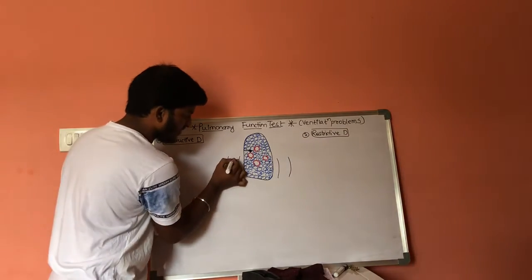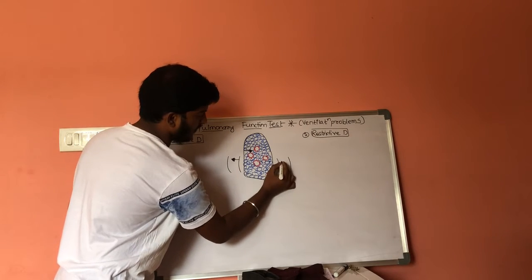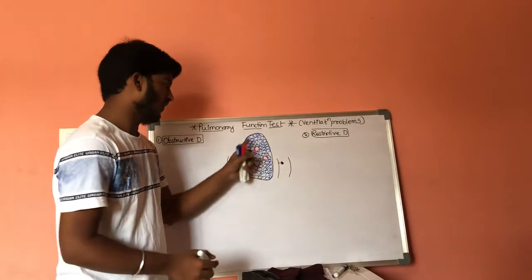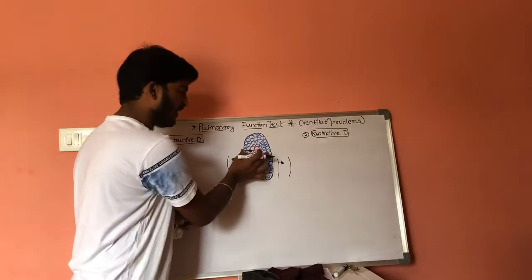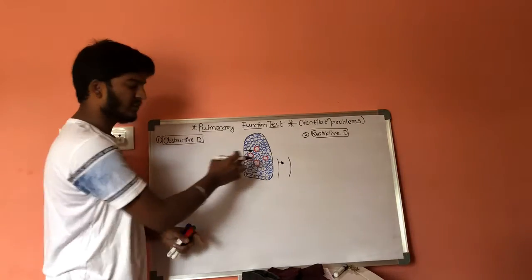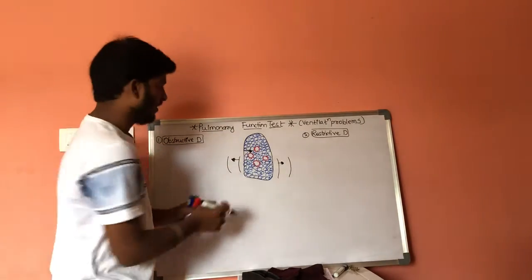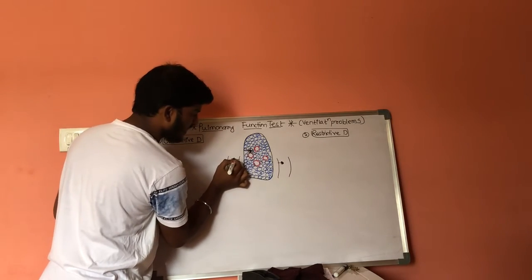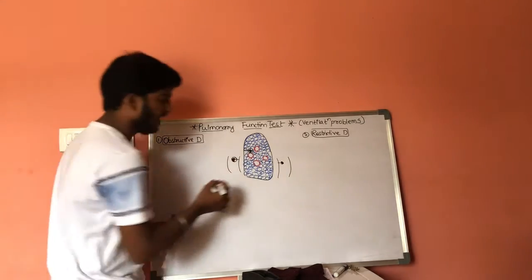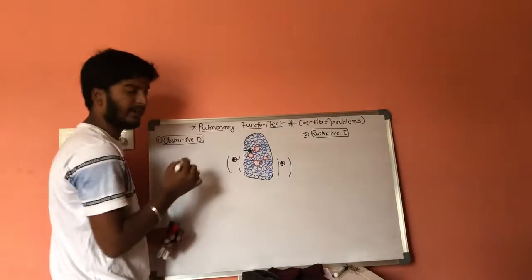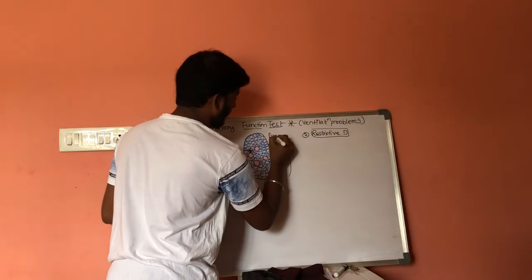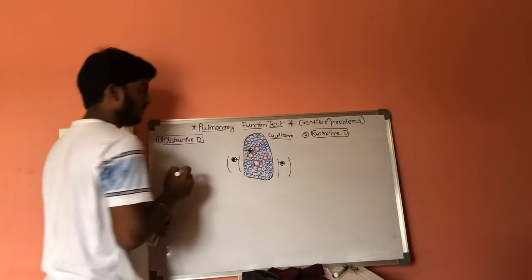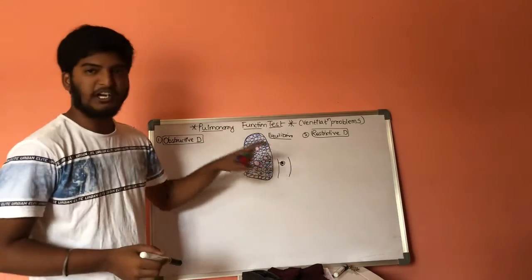As a result, the chest size will increase. So this contraction towards the inner side and relaxation towards the outer side will be maintained at equilibrium in normal conditions.